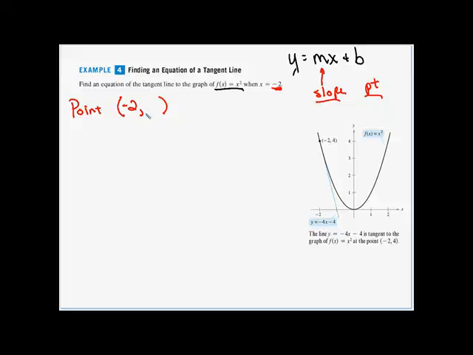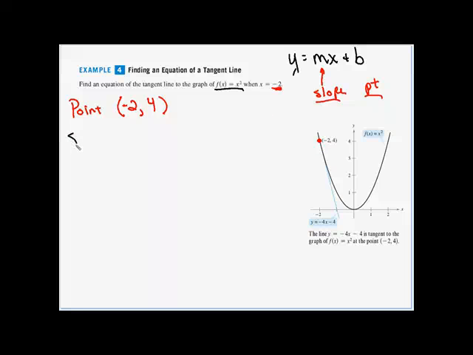By plugging our x value into the original function, the position function. So we plug that -2 into x squared. -2 squared is 4. And if we look at the graph here, over to -2, up to 4, there's a point that's on the graph. So that's the point we're going to need to write the equation of our tangent line, because that's the point where our tangent line is actually tangent to the parabola.